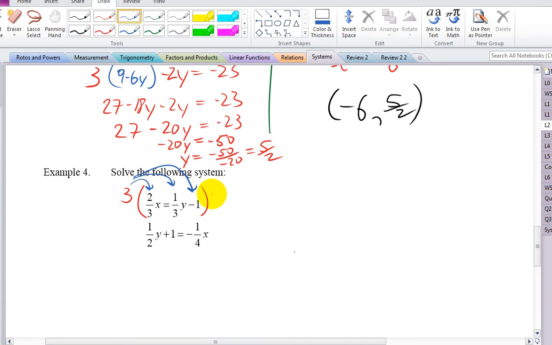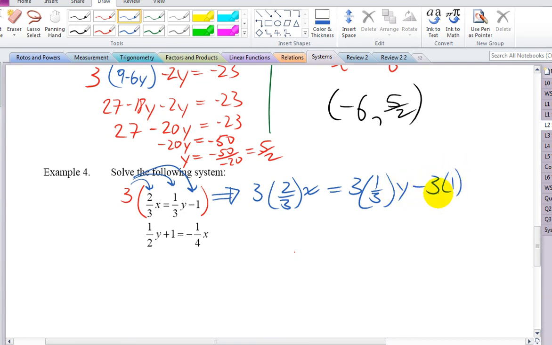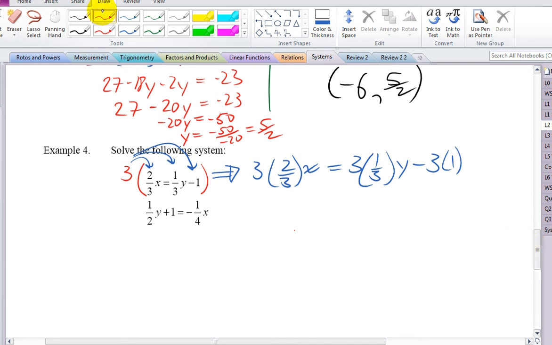So we get 3 times 2/3 times x equals 3 times 1/3 y minus 3 times 1. Now some of you are really good at this and know exactly what the answer will be. You should know that we're doing this to cancel our denominators. Okay. And so we're left with 2x equals 3y minus 3.